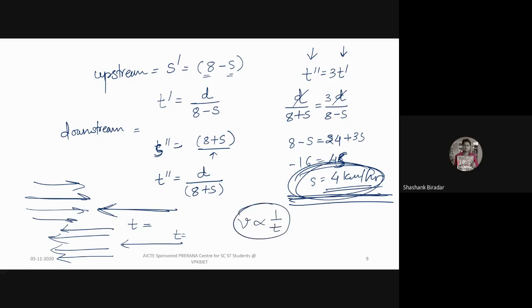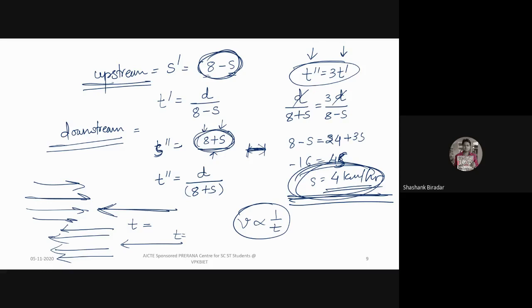So whenever he is traveling upstream, you have to subtract the stream from the still water speed. And whenever you are dealing with downstream, you have to add the stream to the still water velocity. The distance traveled is same, only the time relationship they have given, that upstream requires thrice that of downstream.